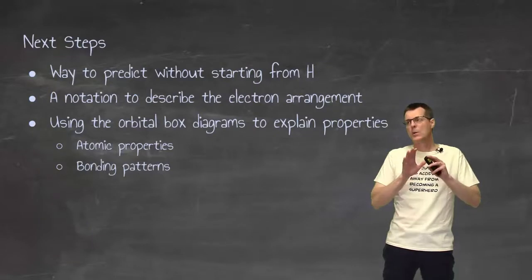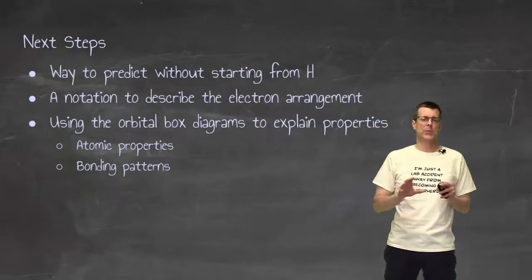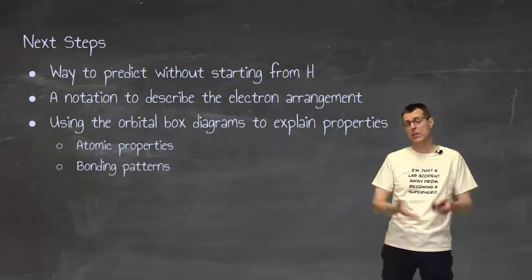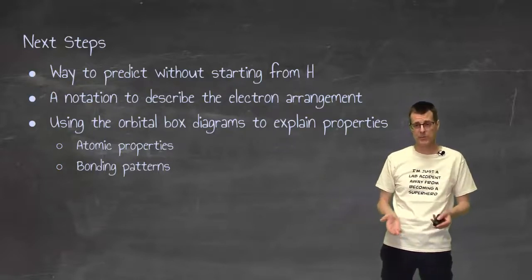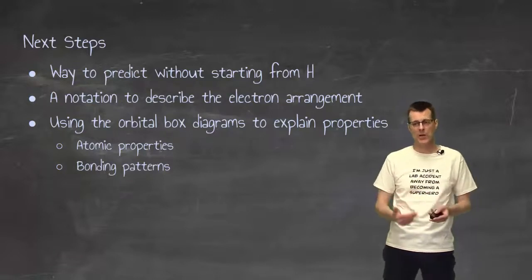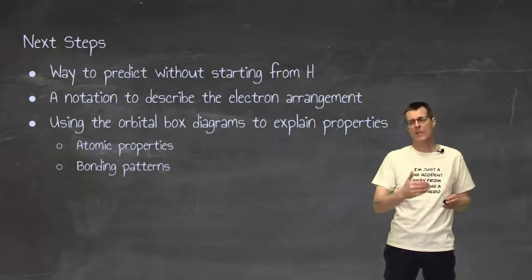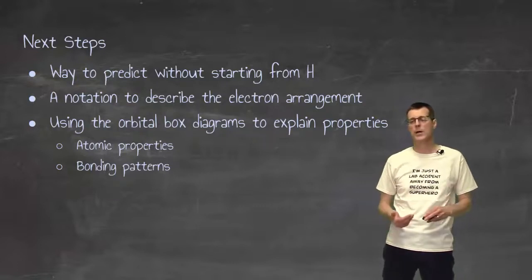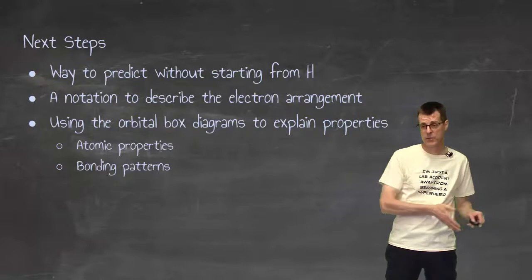Now, I shouldn't quite say it that way, because if I gave you any element on the periodic table and asked you to write the orbital box diagram for it, you might have to start from scratch, and we don't want to do that. We want to be able to have a way of predicting and drawing orbital box diagrams without starting from hydrogen every time.